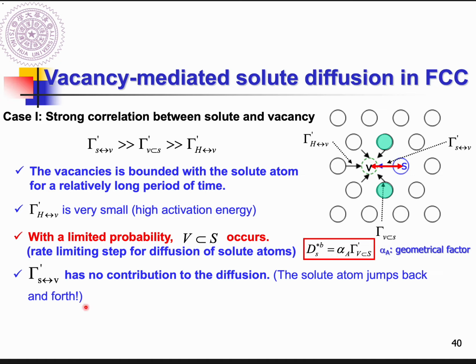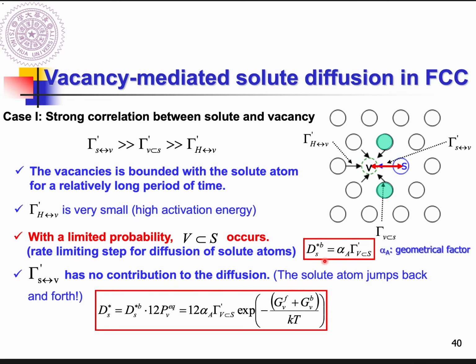And so now you know the diffusivity of this solute vacancy pack. So the diffusivity of the solute equals the diffusivity of the solute binding with vacancy. Okay, so here we also call it the diffusivity of the solute vacancy pack times what?